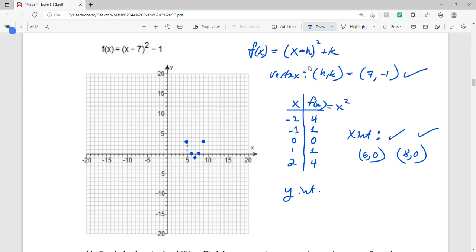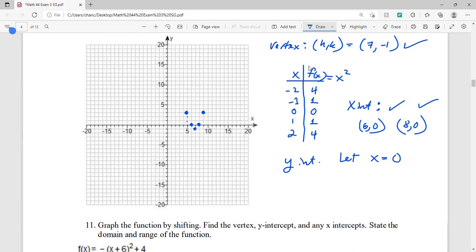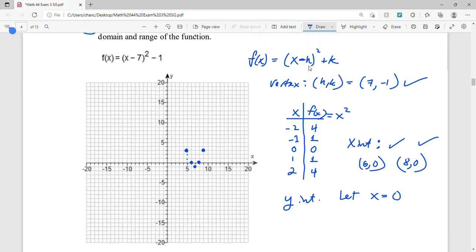To find the y-intercept, we let x be equal to 0. So we'll look at the original equation here, and we're going to plug in a 0 for the x. F of 0 equals 0 minus 7 squared minus 1.